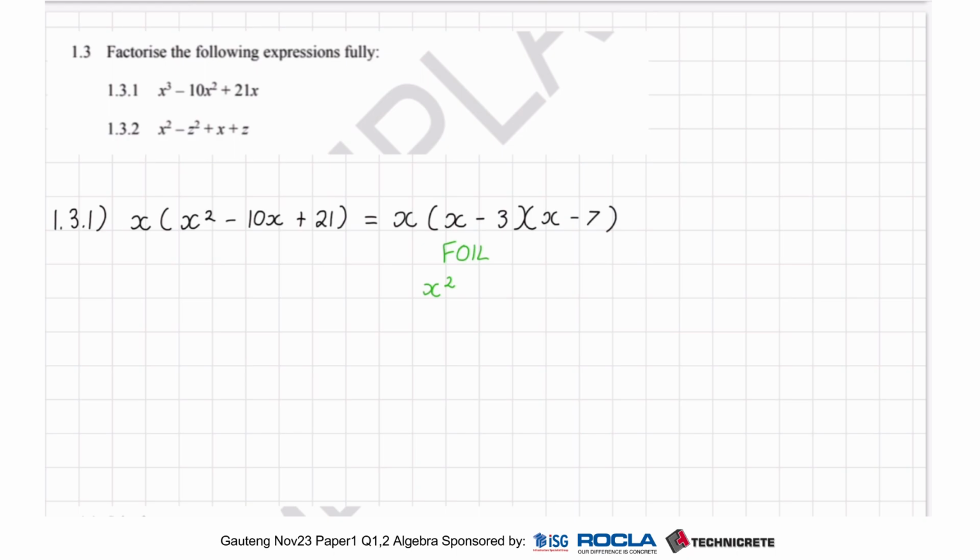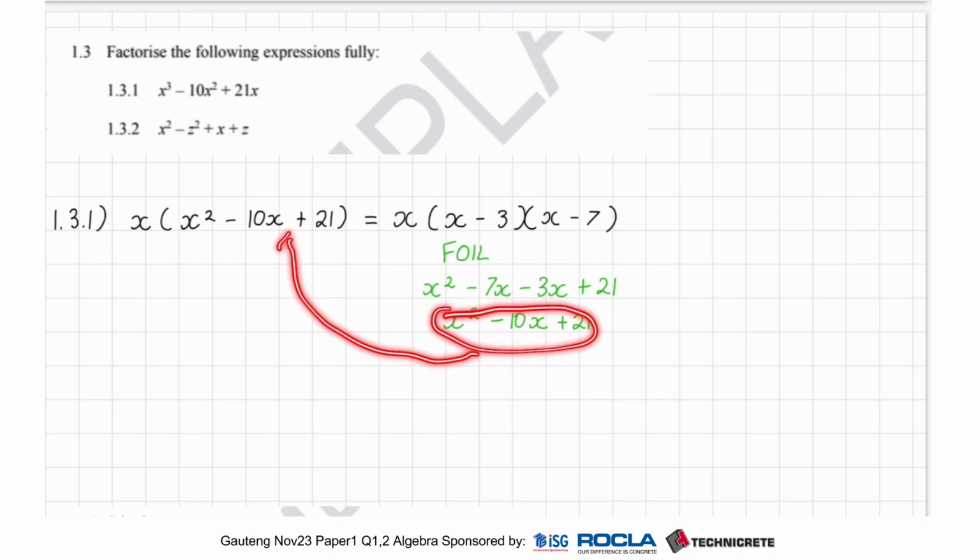If I multiply the outer terms, I'm going to have x times negative 7, which is minus 7x. The inner ones is x times minus 3, so I have minus 3x. And then the last ones, I have minus 3 times minus 7, which is positive 21. And this simplifies to x squared minus 10x plus 21, which is exactly what I had for this bracket.